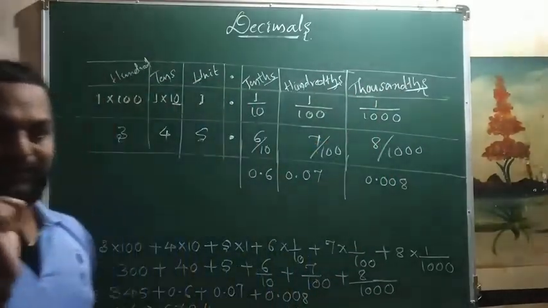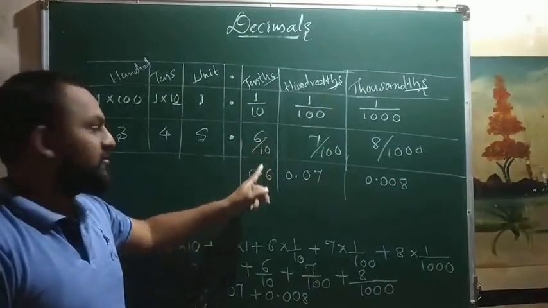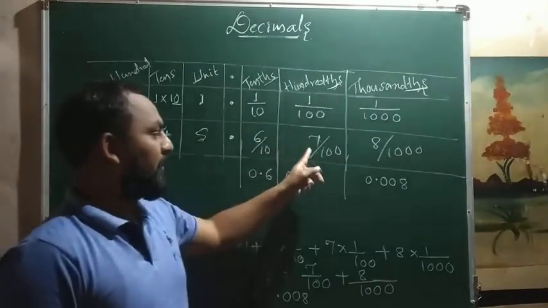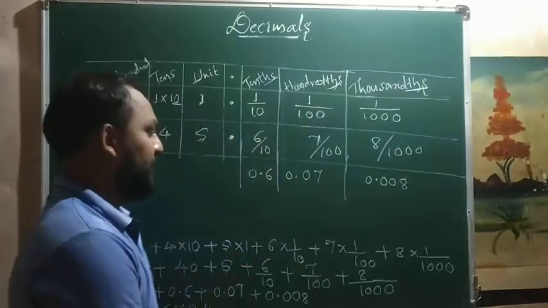After tens comes hundreds, after hundreds comes 1000. And this is the place value chart of the decimals. Here divided by 10 is point any number, divided by 100 means point 0 any number, okay.